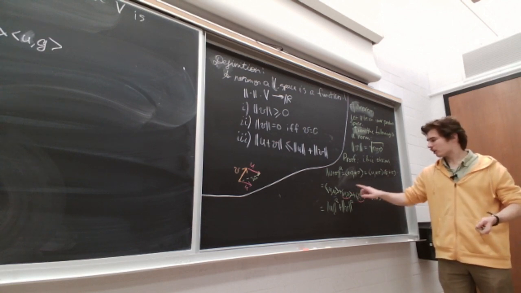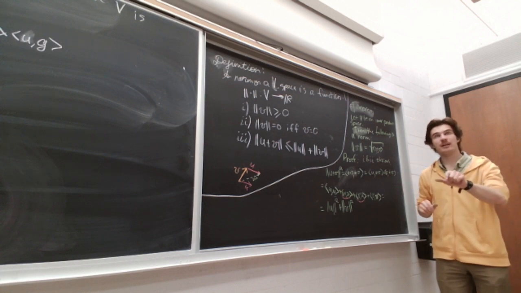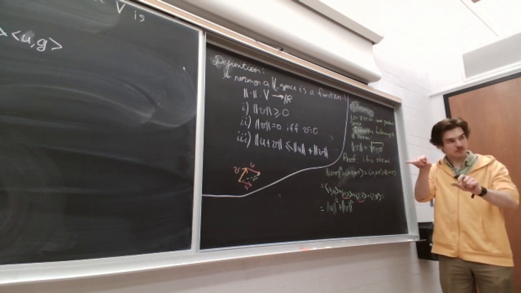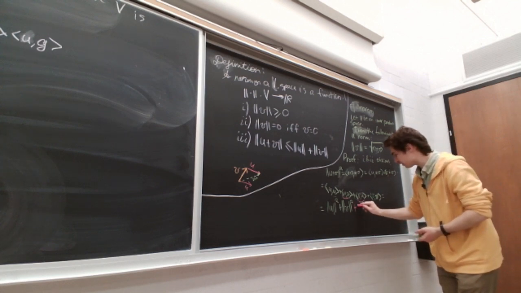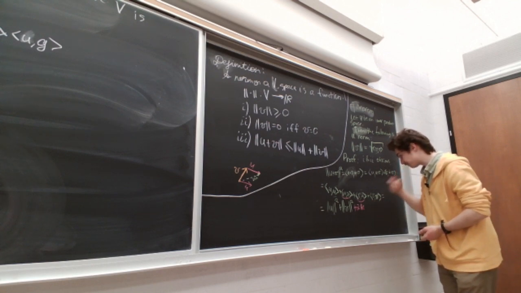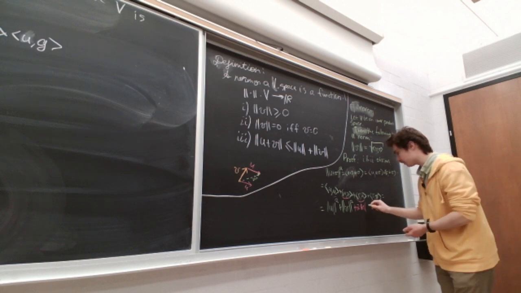But this is the complex conjugate of this. So it's like I'm taking a plus bi plus a minus bi, so the complex part cancels out. So this should really be plus 2 times the real part of the inner product of U and V.